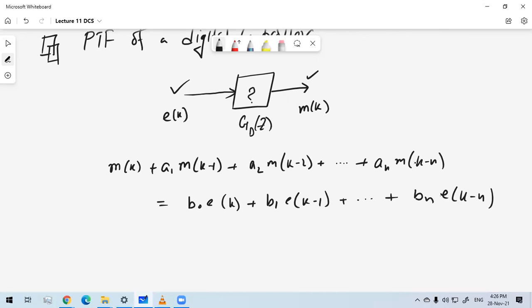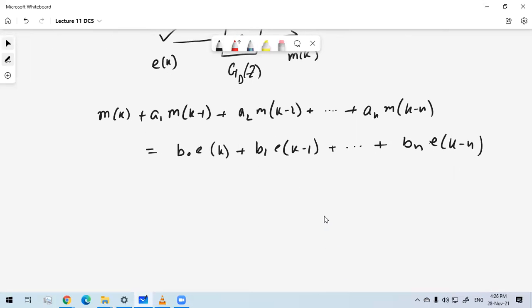So how can I find out the GD(z)? We can easily do it, because these are sequences of samples at different time steps, or if it is a digital signal, just a sequence of numbers. In that case, you can easily figure out the Z transformation.